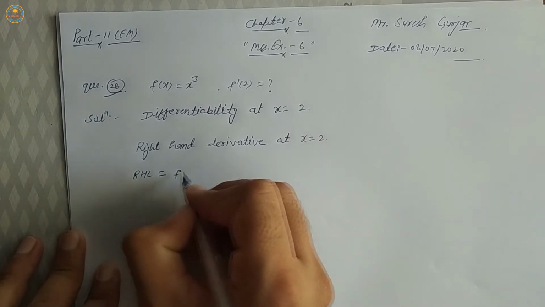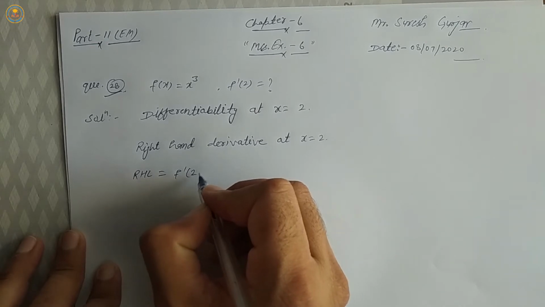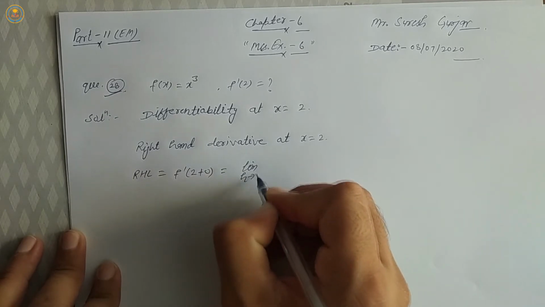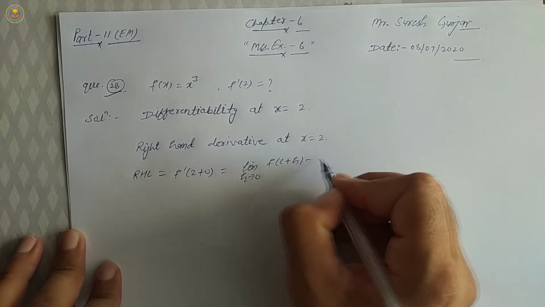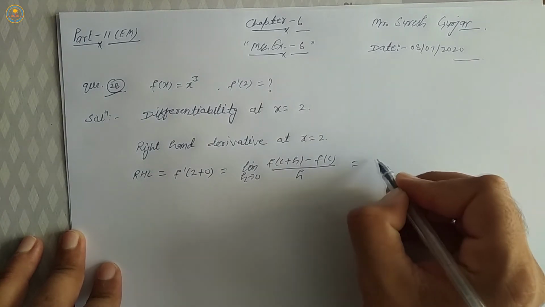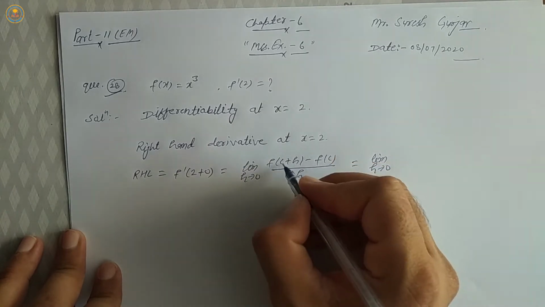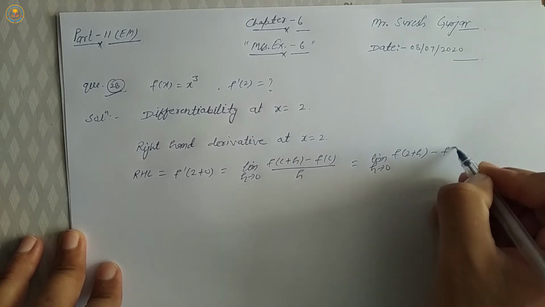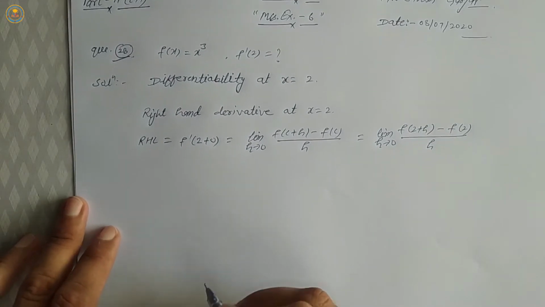RHL is equal to f dash 2 plus 0, equal to limit h tends to 0 f of c plus h minus f(c) by h, equal to limit h tends to 0, x is equal to 2, it means c is equal to 2, f(2 plus h) minus f(2) by h.